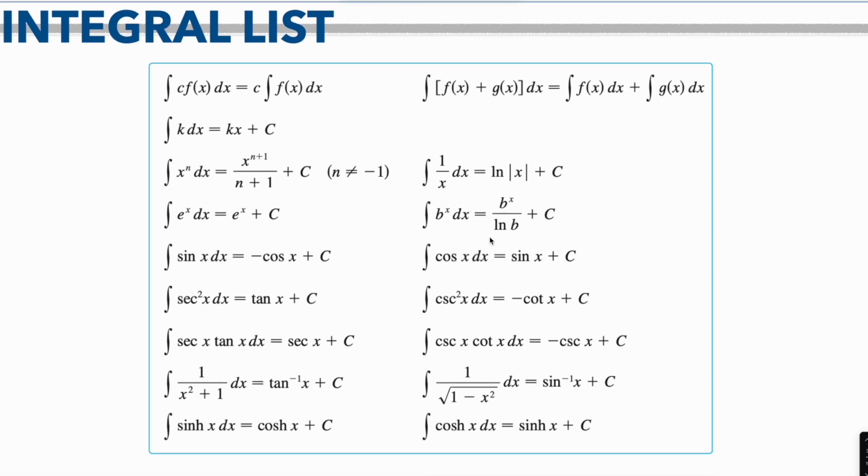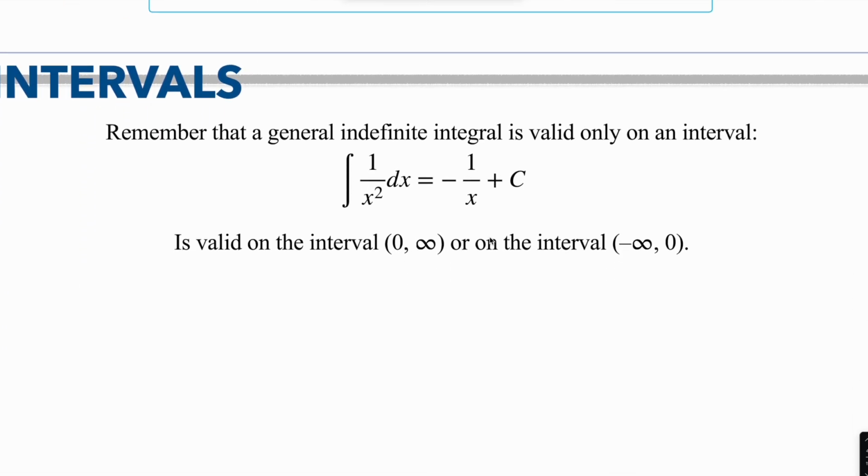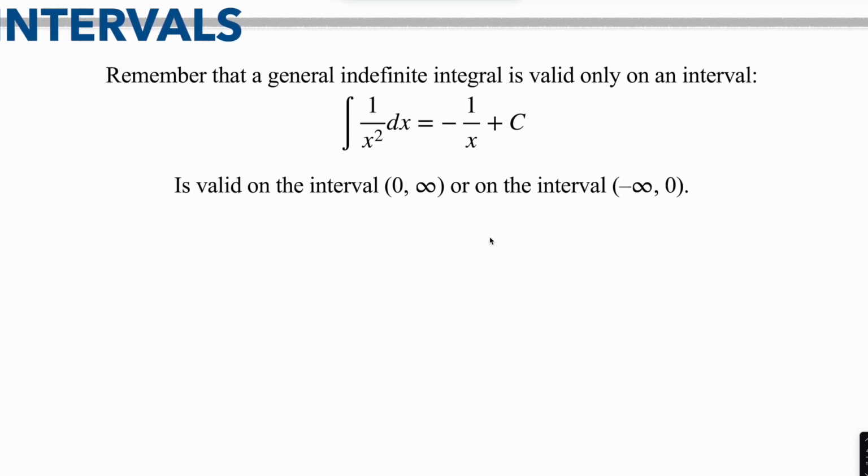Now, here is a general integral list that you can pause the video and write down if you want to, but these are very general antiderivatives that we will use on a regular basis. So, to find the integral of a specific function, you're going to take the integral of it, and then it's going to be plus c.